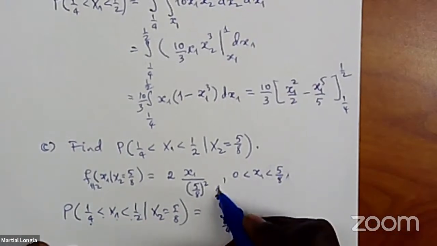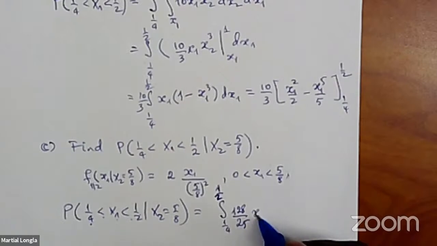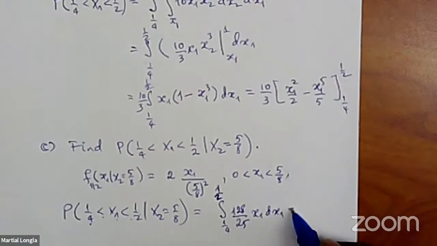Here we stop at 1/4 and 1/2 because it's okay. And inside we put the distribution that we have, that is 8 squared, 64, times 2 is 128 divided by 25 x1 dx1.